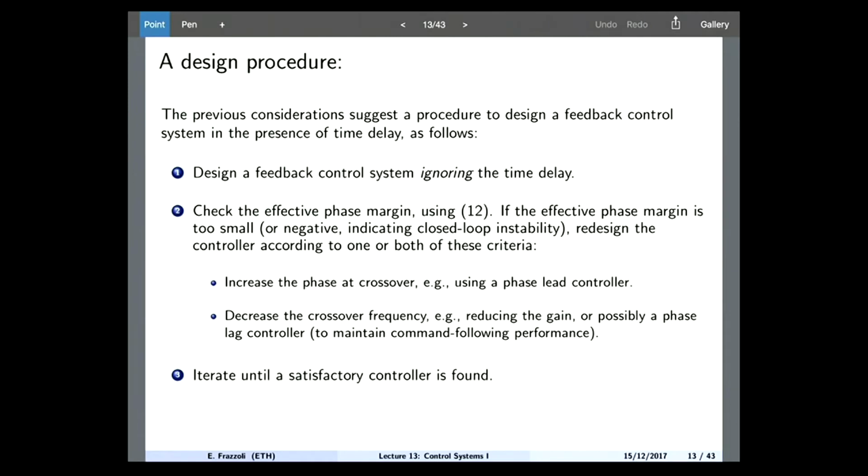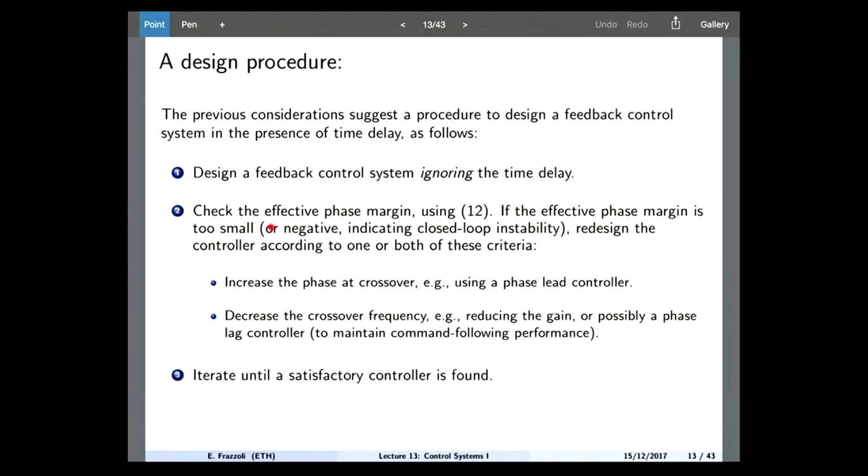So, what could be a possible design procedure? A possibility would be to do something like that. So designing your feedback control system, ignoring the time delay. Then what you do is, you've done your design, you know how fast your microcontroller is, okay? You know how much time it takes to compute the control input, okay?